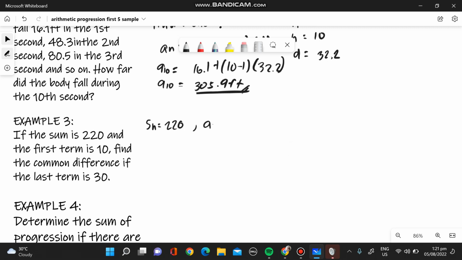And the first term is equivalent to 10, and we have to find the common difference if the last term is 30. Okay? So we have a1 is 10, an is equivalent to 30. So we have to find the n.